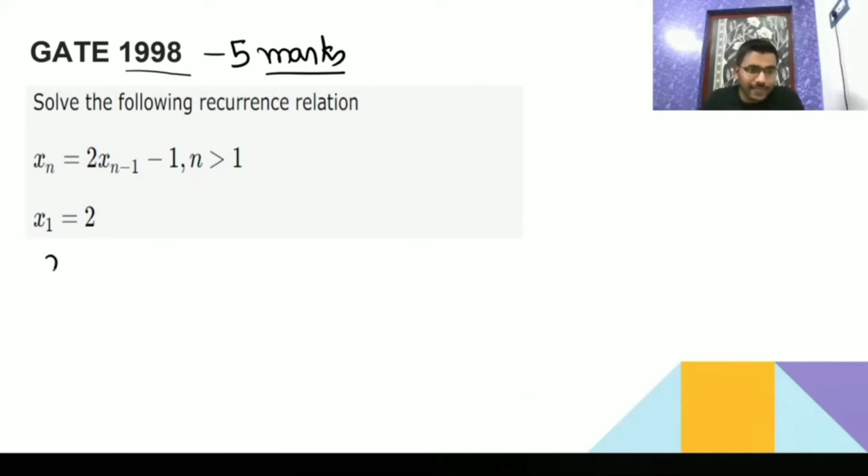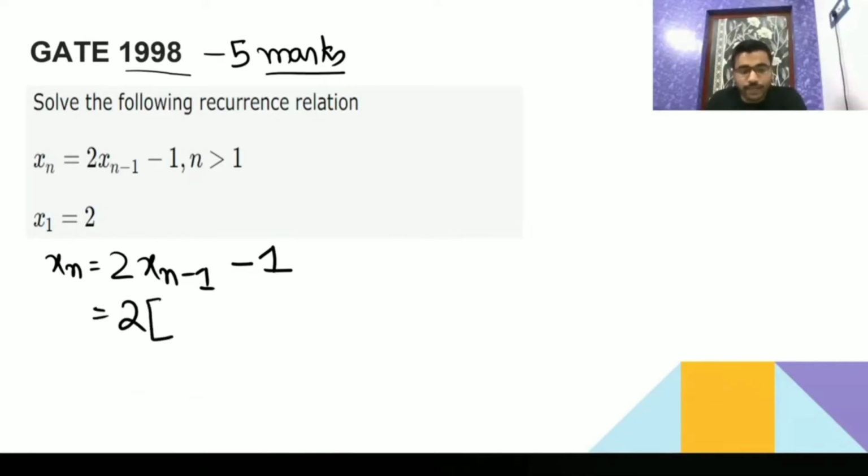So here it is saying that x_n is equal to 2 x_{n-1} minus 1, and for n = 1, x_1 is equal to 2. Now in place of x_{n-1} I will write 2 x_{n-2} minus 1, reducing by 1, then minus 1.